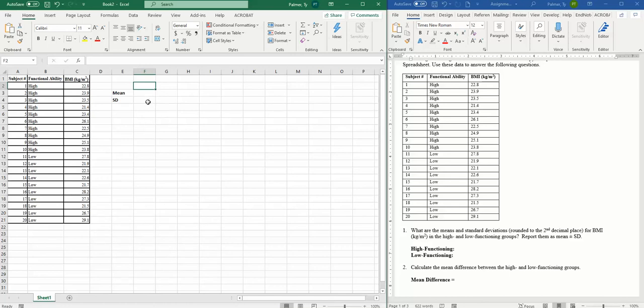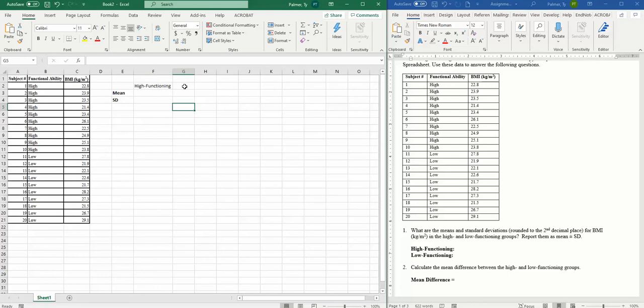So what we need to do is calculate the mean and standard deviation for BMI for both groups. To do that, I'm going to put high functioning up here at the top, and right next to it I'm going to put low functioning.